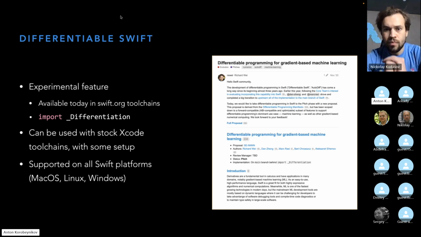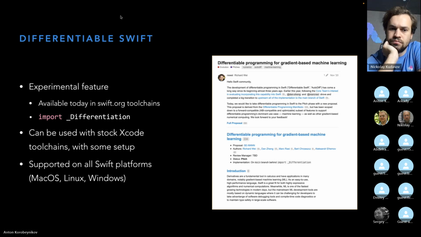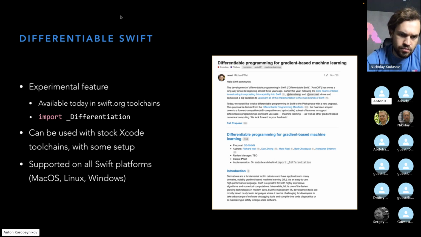Currently it's still in the experimental phase, meaning that it's not part of the official Swift language standard. We still need to go through the so-called language evolution phase. But currently it's available from the toolchains that you can download from Swift.org. So it's already available on the toolchains that you could have on your Mac laptop, should you have one.